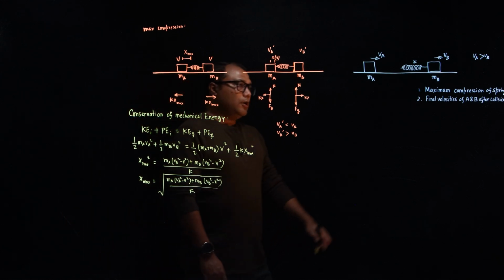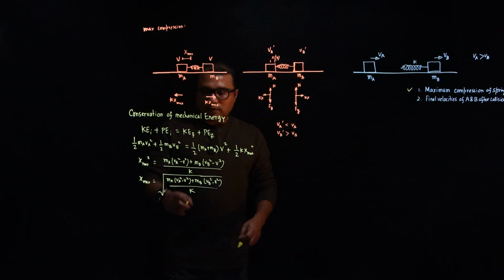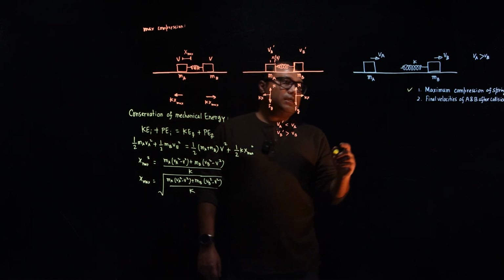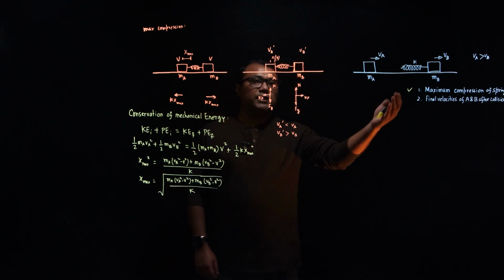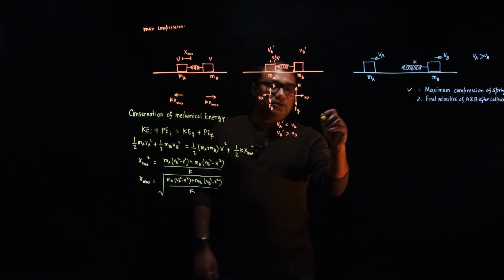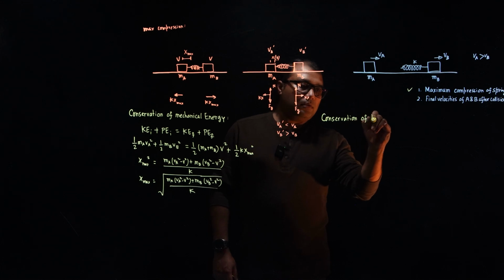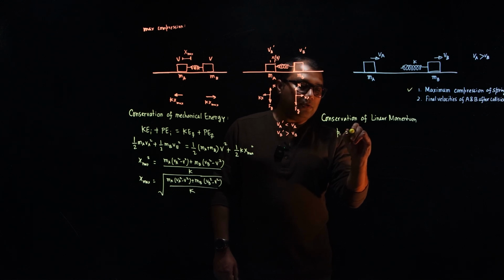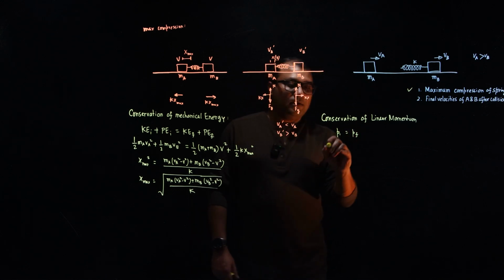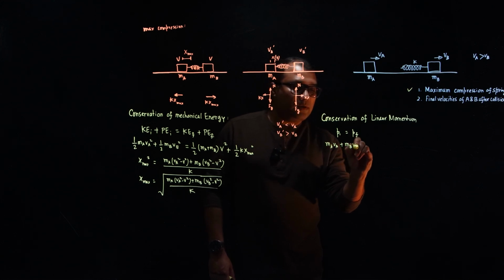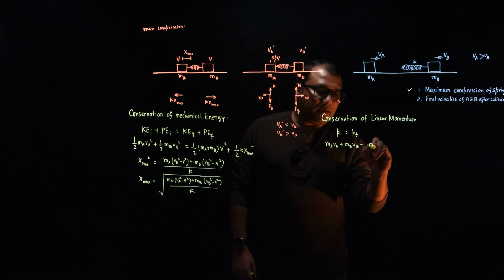Okay. So, we found out the maximum compression of the spring. Now, we still do not know v. We had assumed some value of v. We can use conservation of linear momentum as well. Linear momentum is conserved everywhere, right? Not just the final and initial state. So, from conservation of linear momentum, initial linear momentum P_i will be equal to final linear momentum P_f. Now, P_i is m_a v_a plus m_b v_b, and P final is (m_a plus m_b) into v.